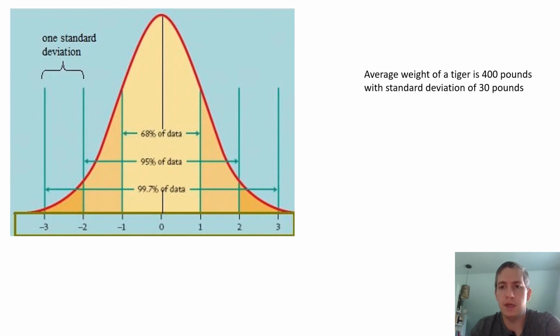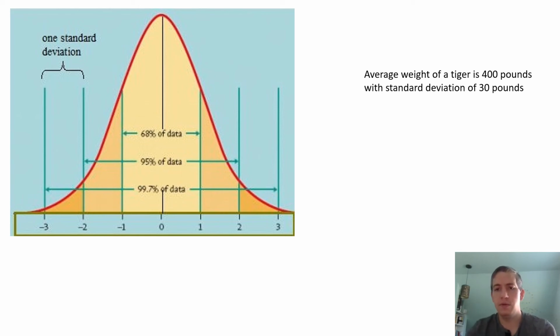The last part of this lecture is what's called the empirical rule. The empirical rule tells us one of the reasons why the standard deviation is so powerful. We can use the standard deviation to describe data that fits a bell curve, which is a symmetric curve that looks like a bell. You can see that this curve looks like a bell.